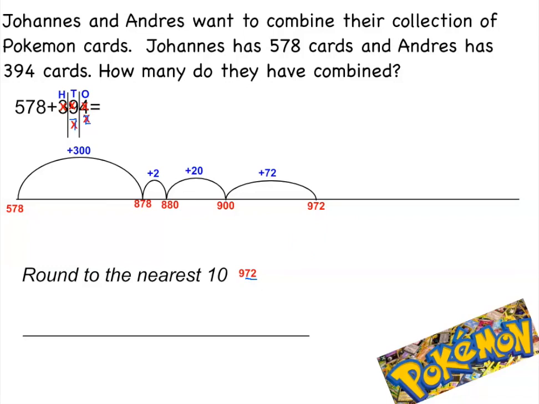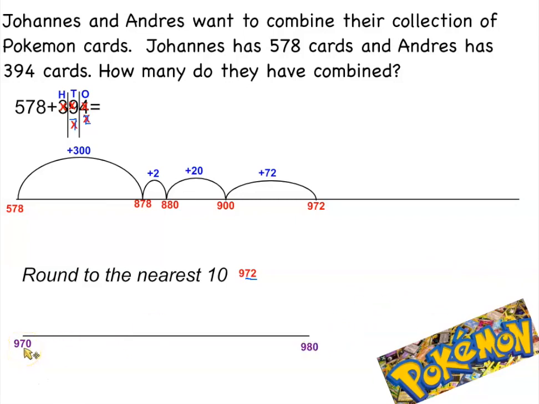So I know that if I'm thinking of 10s and I have 72, the first 10 I would work on, rounding down, would be 70. So it would be 970 on one end of my chart. And on the other end, it would have to be 980 because that's the next 10.